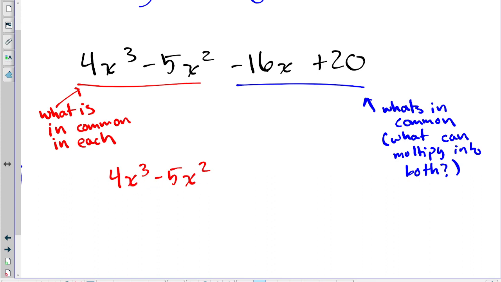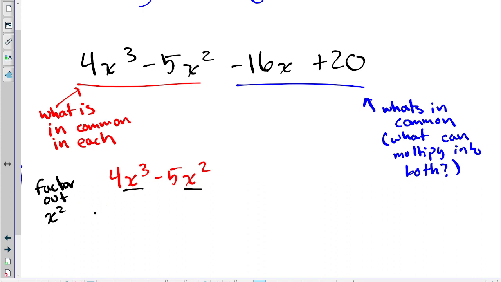There's an x squared right here, and there's also an x squared hidden within the x cubed, right? In order to get to x cubed, you have to multiply by x squared. This is the same thing as x squared times x. And so really what I can do is factor out what's in common, which is x squared.